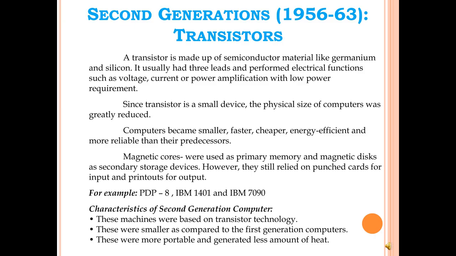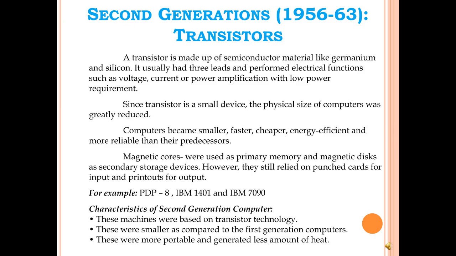When the second generation got started and transistors got introduced, magnetic cores were used as the primary memory, and the magnetic disk served as a secondary storage device.